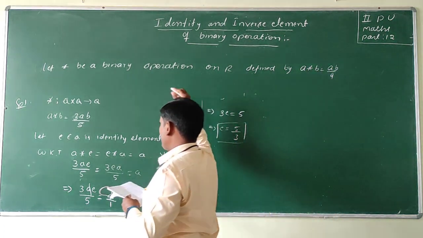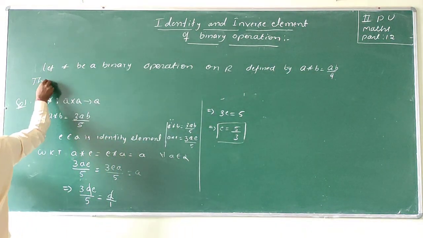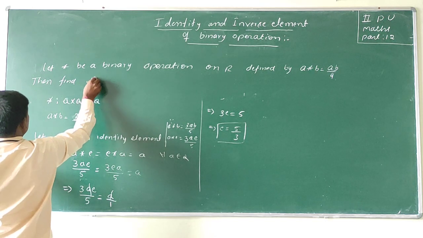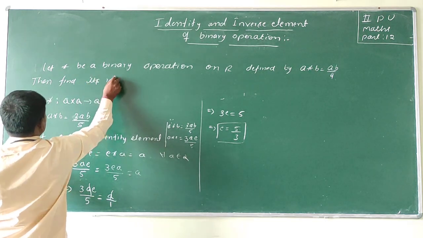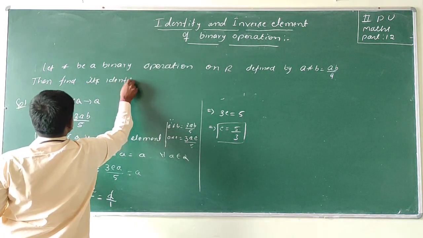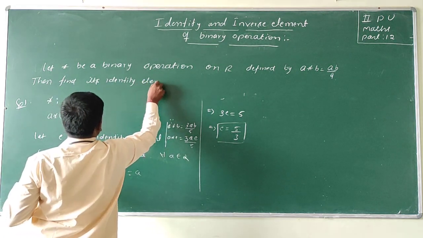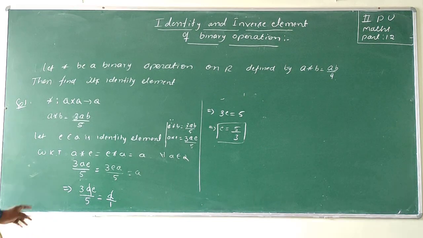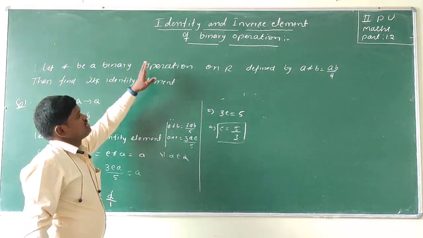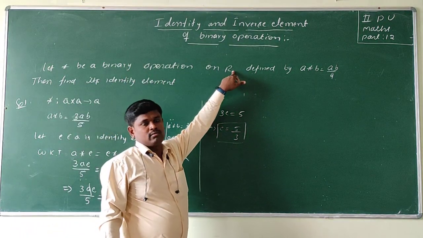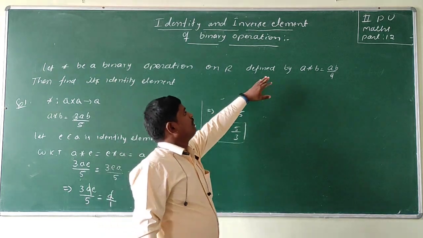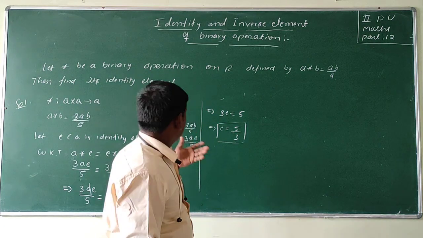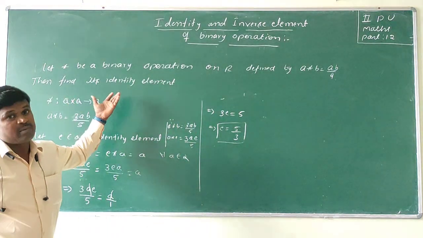Find its identity element. So here the binary operation is defined on R, the set of real numbers, and A star B is AB by 4. Then we find the identity element of this binary operation.